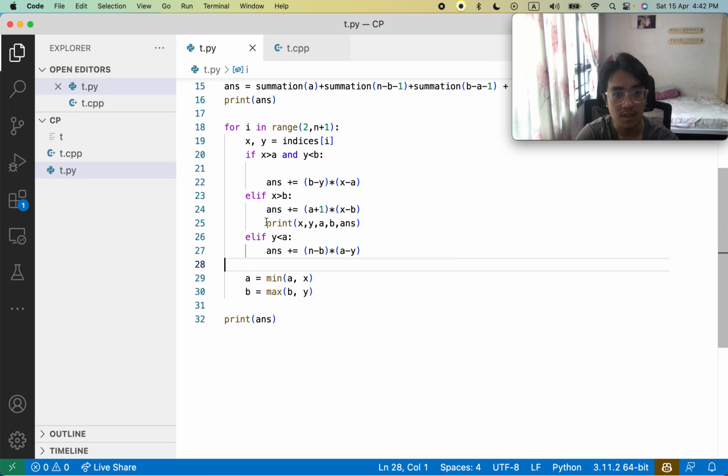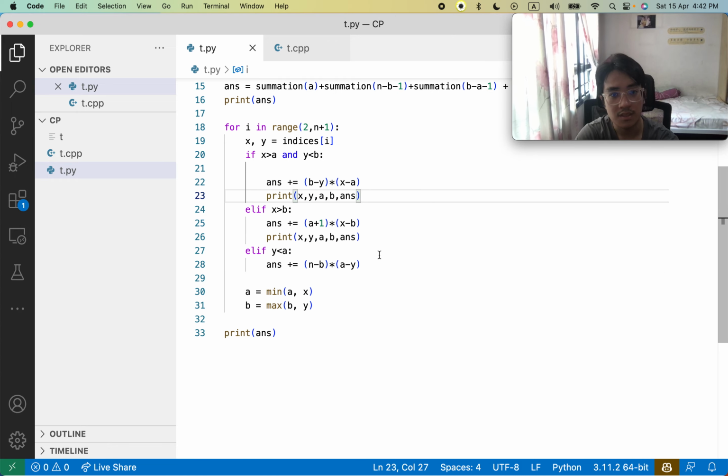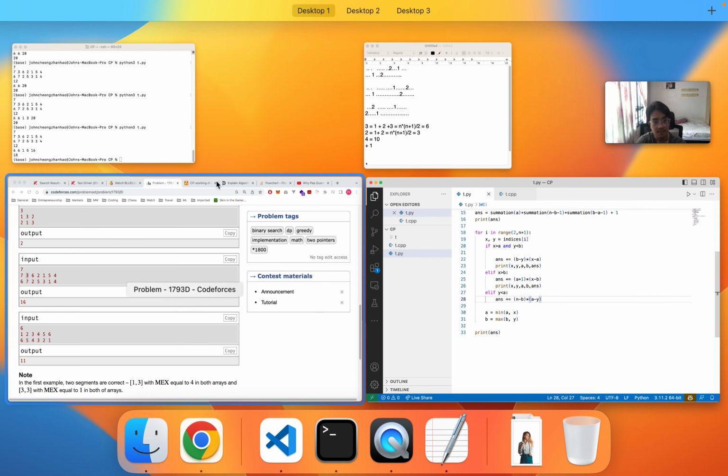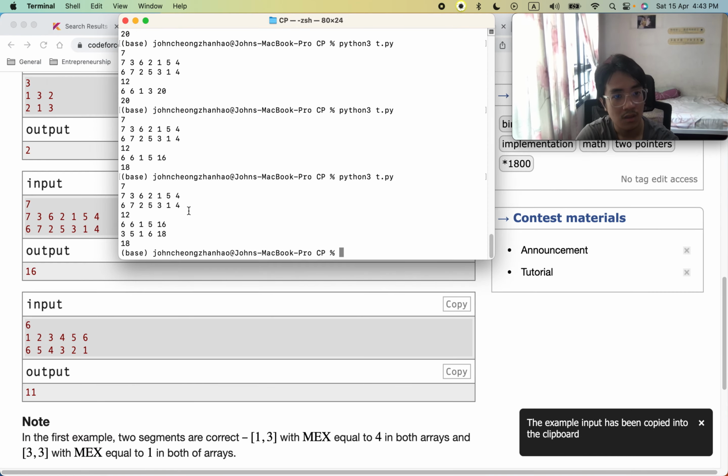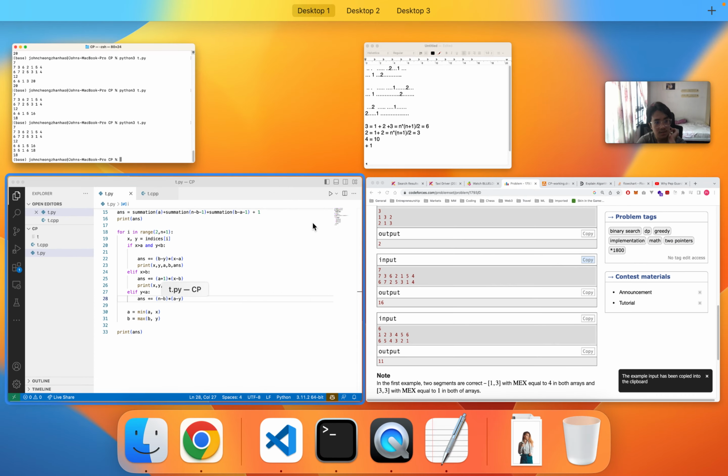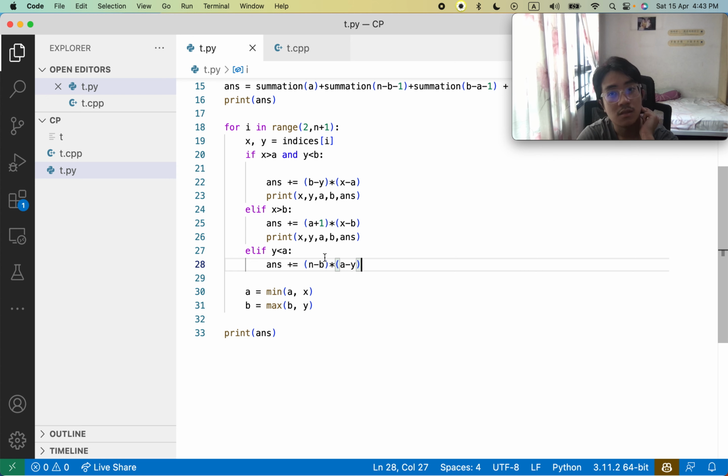Hang on a second. Maybe now we have to print this. 12, 16. Yeah. Hang on a second. 12 is correct. Let me check.